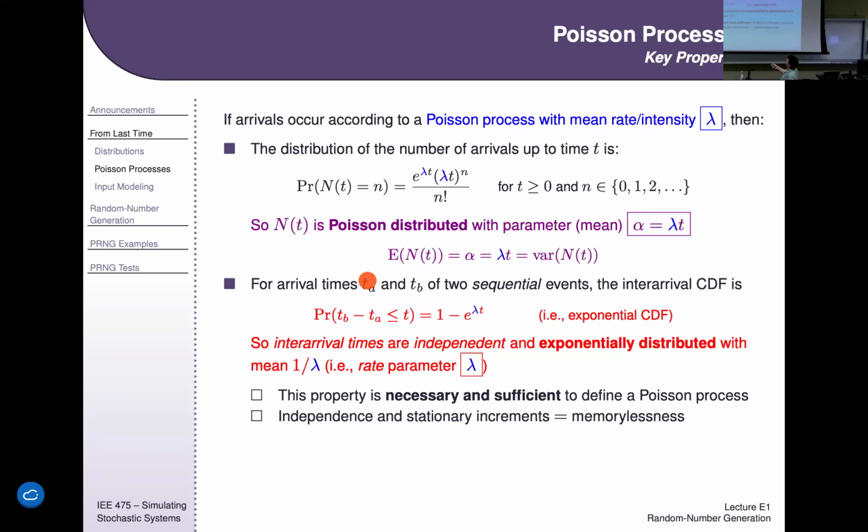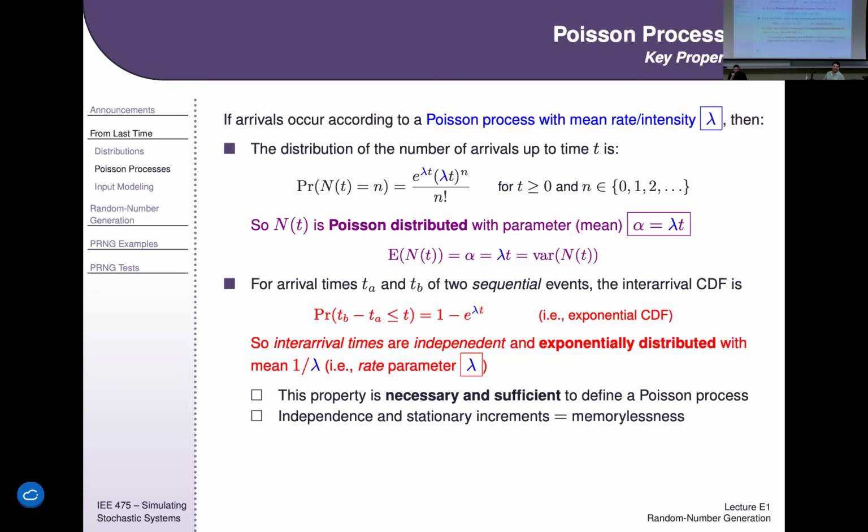So I've got an arrival at A, which happens before the arrival at B. For those, I can ask, what is the probability density function representing the time in between those event arrivals? And that is exponentially distributed. And so the average time is 1 divided by the intensity.